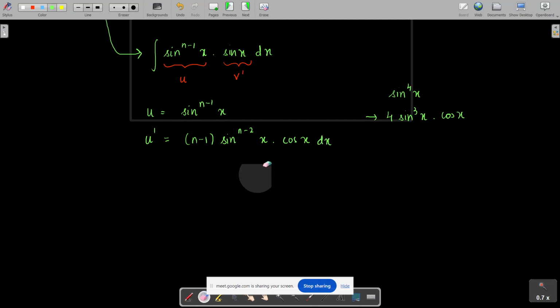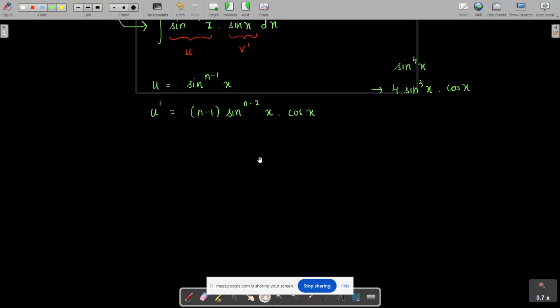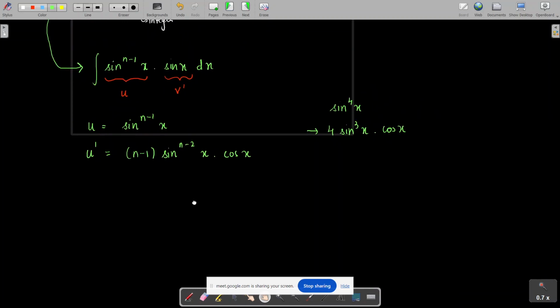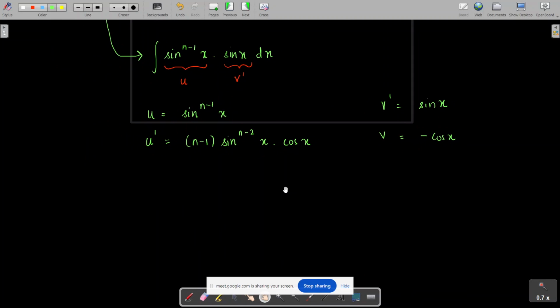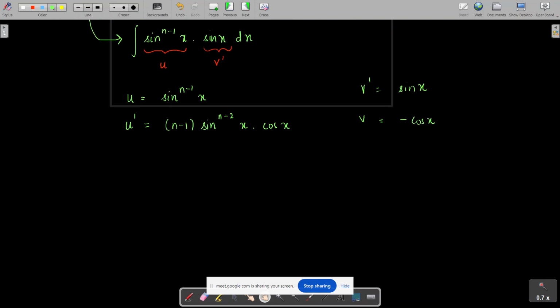We don't need dx actually, because we are not writing du. So this is there, and our v prime is sine x. So what is v? Minus cosine of x. Okay, so now let's put everything in the formula.